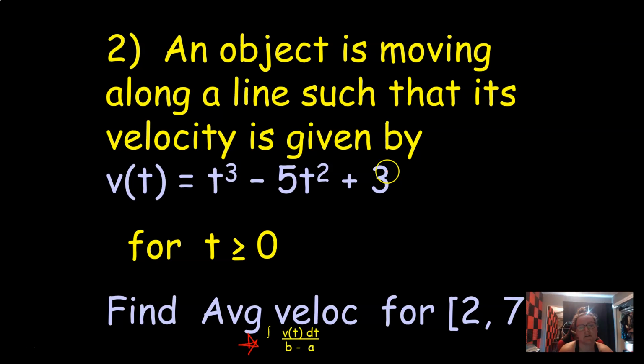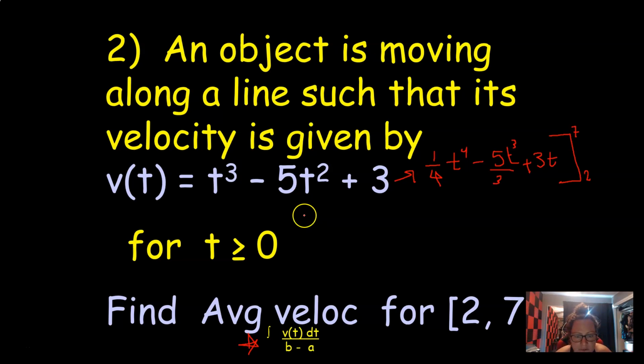I actually have to find the antiderivative of this first, and that would be 1/4 t to the 4 minus 5t cubed over 3 plus 3t. And then that is from 2 to 7, right? So I would plug in that 7 to get F of b minus F of a, the fundamental theorem of calculus.